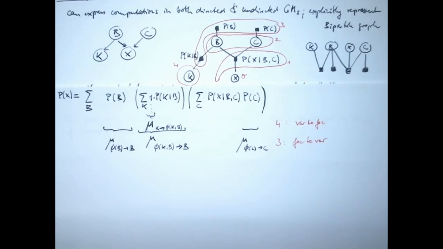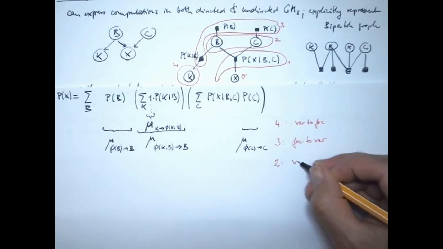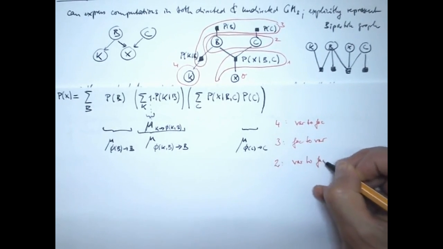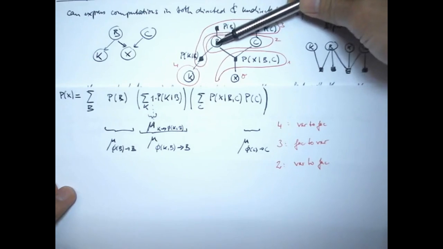Okay, then we're moving on to level 2. This is again a variable to factor. So let's start with this one here.